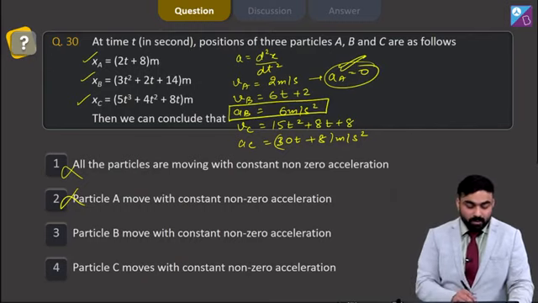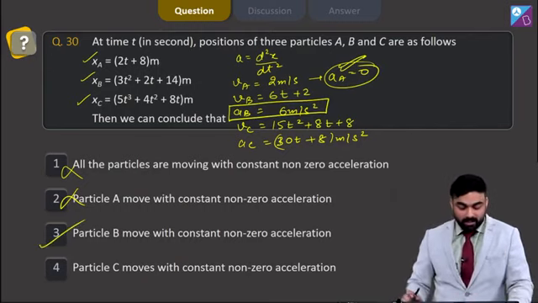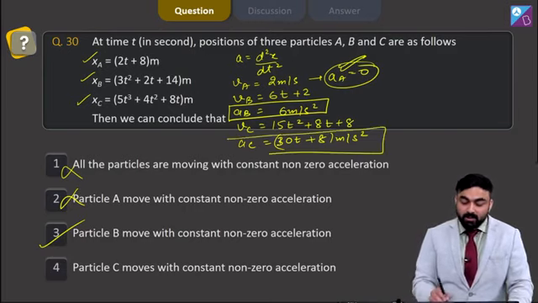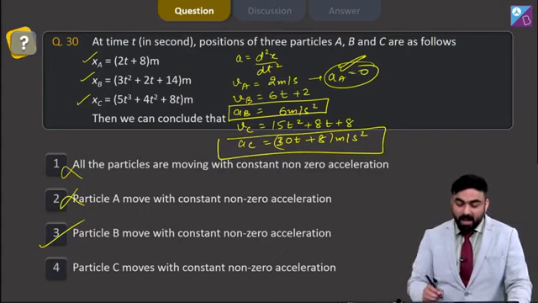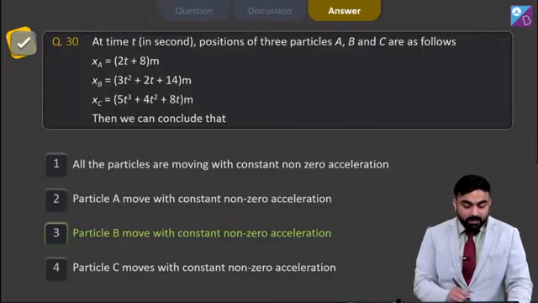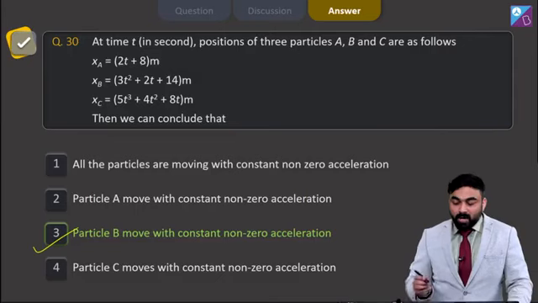Particle C moves with constant non-zero acceleration, which is not true because acceleration is varying with time here, as represented by this particular expression. So our answer should be option number 3, which is correct based on our answer slide as well.